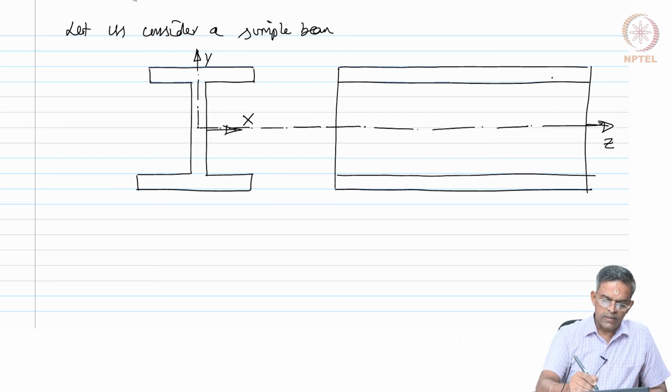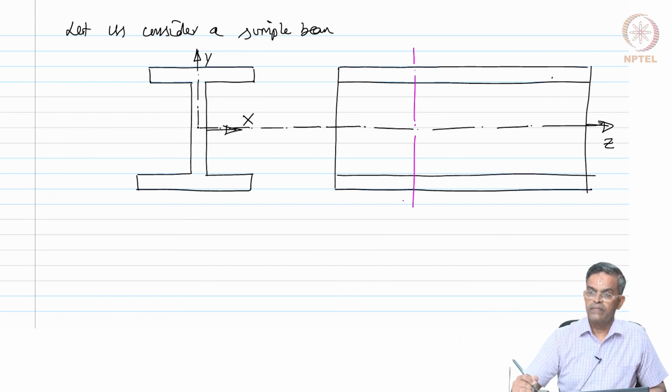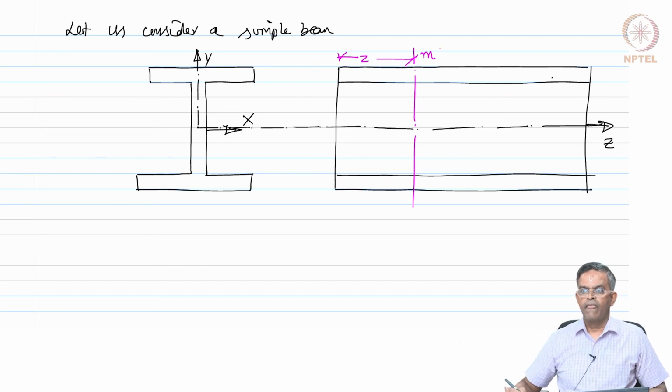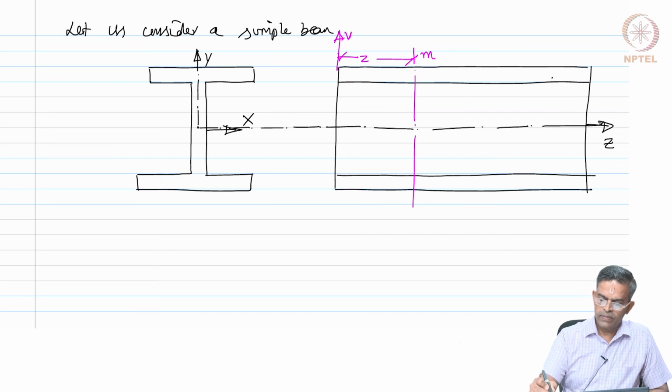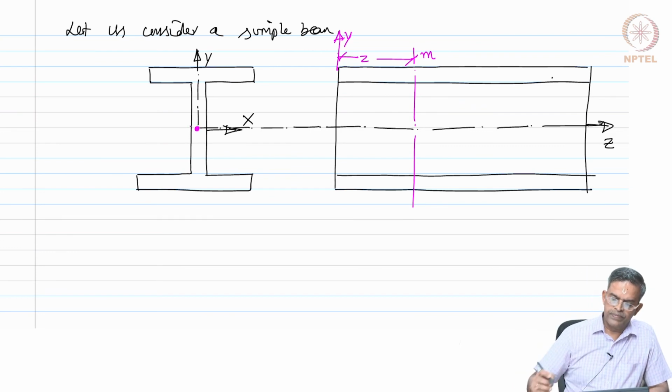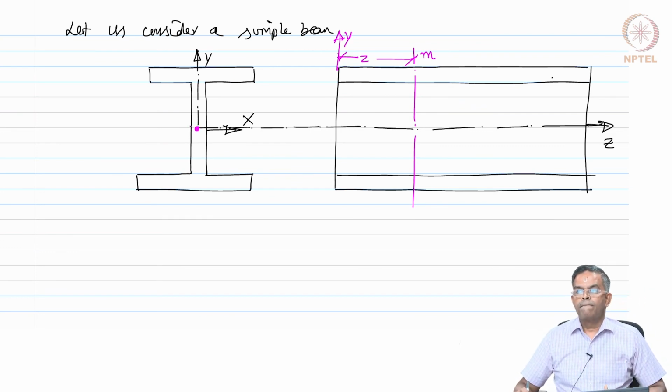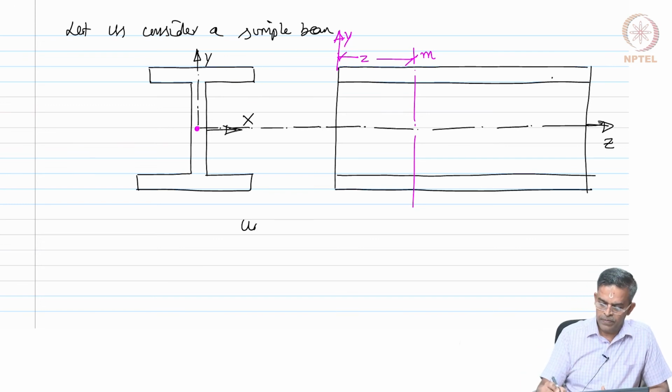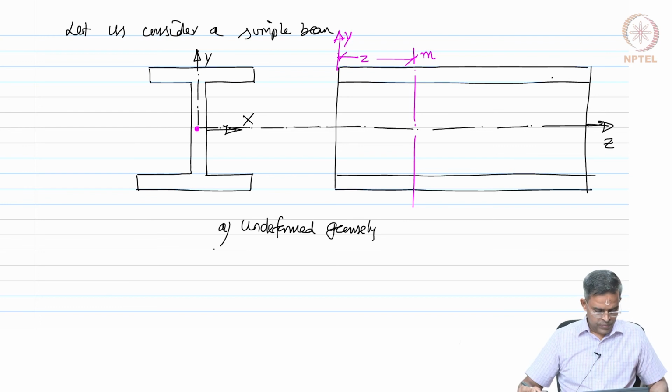Let us consider a section M at a distance z. So, this is my y axis. Okay. I am looking for z axis here, and this is an undeformed geometry. Now, let us try to draw the deformed geometry.